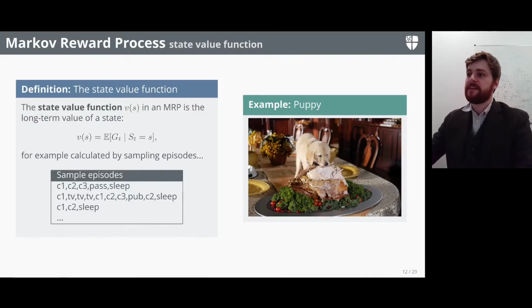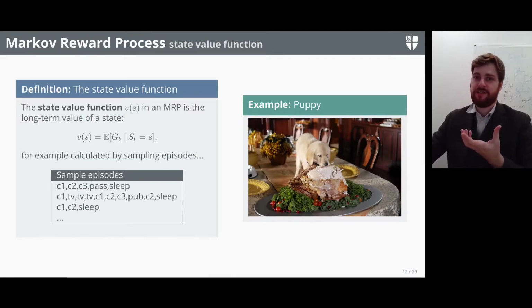So if we consider this puppy here, it's really enjoying the reward now, and it's in quite a good state here. But maybe this state is not as good a state to be in as the puppy might think, because in the future, this state might involve the owners having to discipline it. It might not get dinner even though it's just had a slight taste of the Thanksgiving meal or whatever it is.